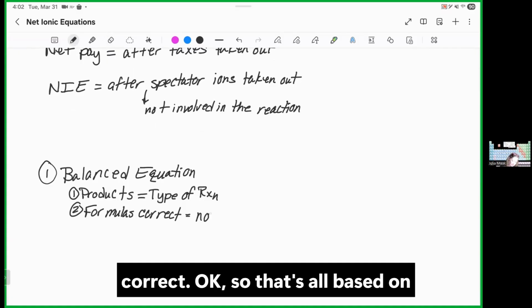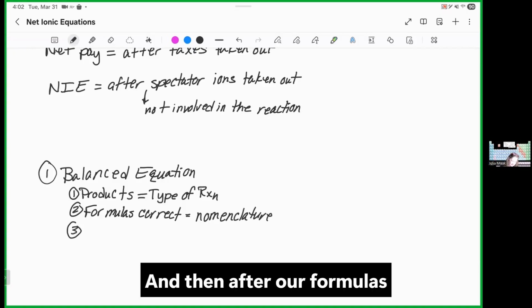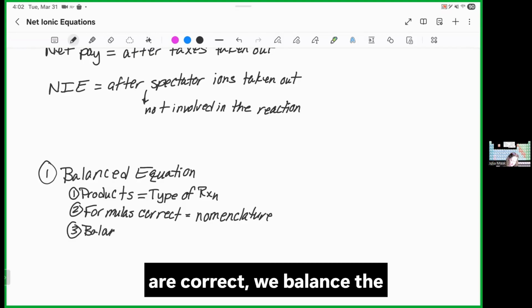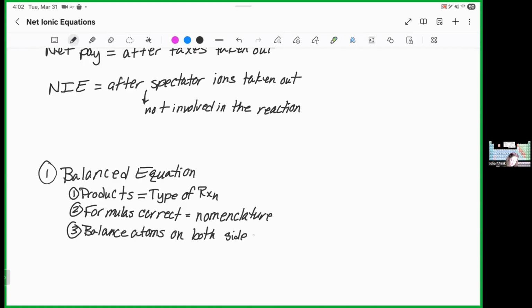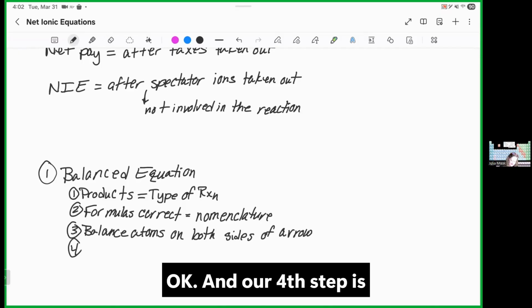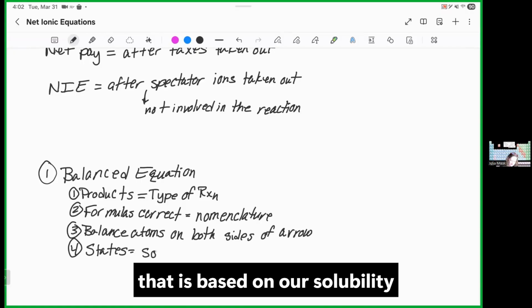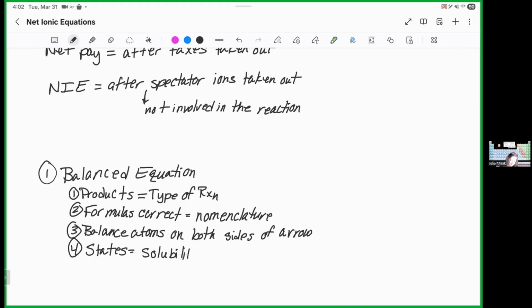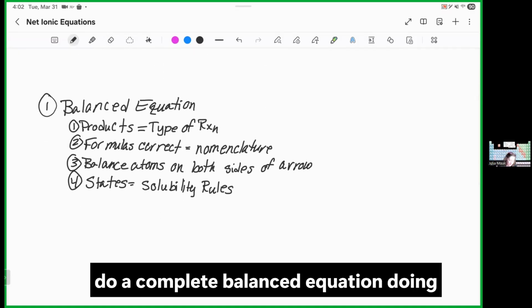That's all based on our nomenclature. And then after our formulas are correct, we balance the atoms on both sides of the arrow. And our fourth step is we put in our states, and that is based on our solubility rules. So our first thing is to do a complete balanced equation, doing those four steps.